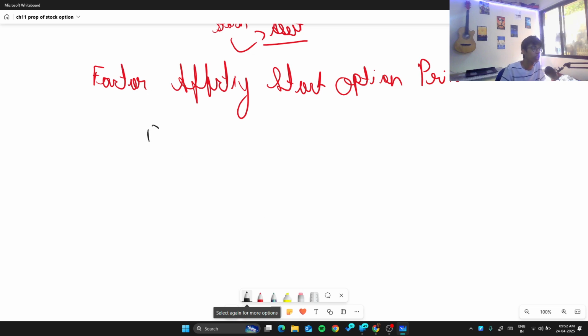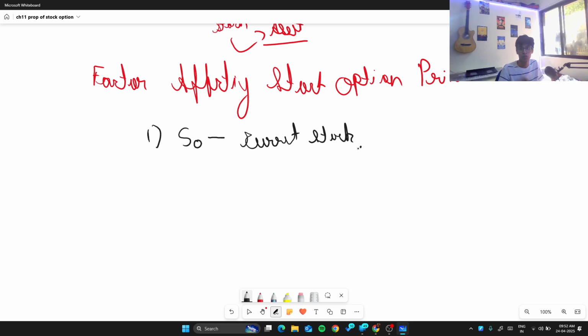First is obvious: the current stock price. The price of the asset affects the option price. Second is of course the strike. If the strike is too high, the option will be cheap.